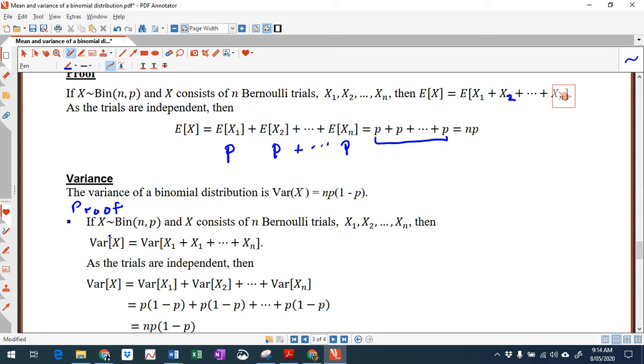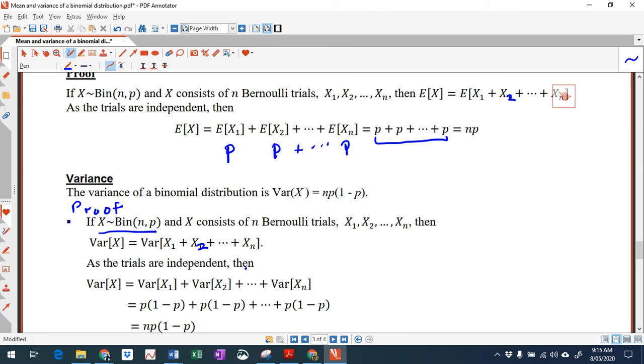Alrighty. So again, this notation means if x is a binomial distribution with n Bernoulli trials and p the probability of success. Okay, we've got the n Bernoulli trials x1, x2, all the way up to xn. Okay, so the variance of x, our random variable, is the variance of x1 plus x2, sorry, all the way up to xn.